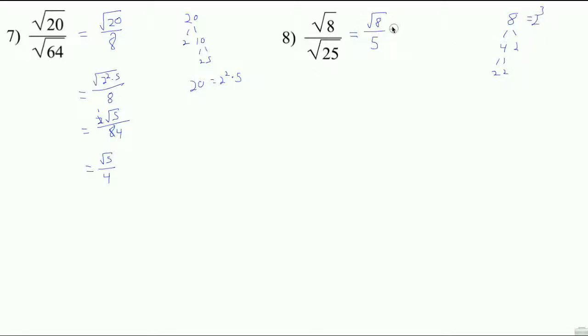And so we can think, well, we got square root of 2 cubed over 5. We're going to split this up into perfect squares. We've got 2 squared times 2 over 5. And then our answer, square root of 2 squared is simply 2. Still have a 2 left within the square root over 5. So in those cases, we could have simplified a square root first.